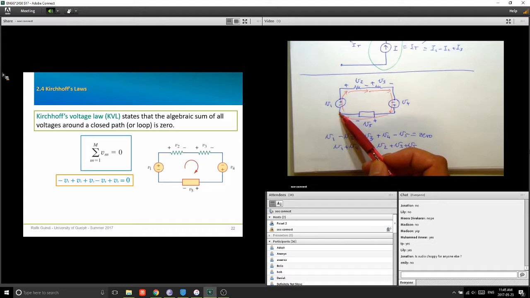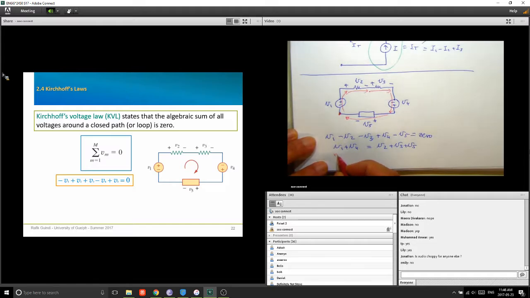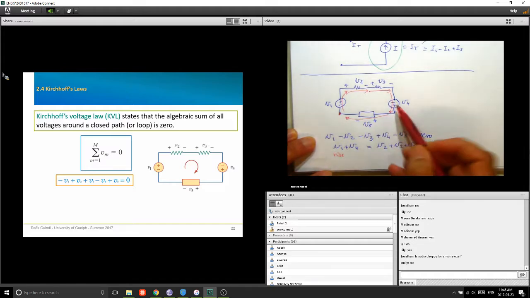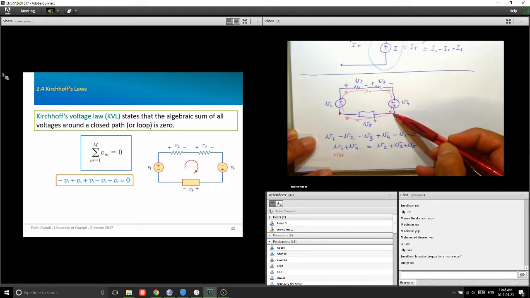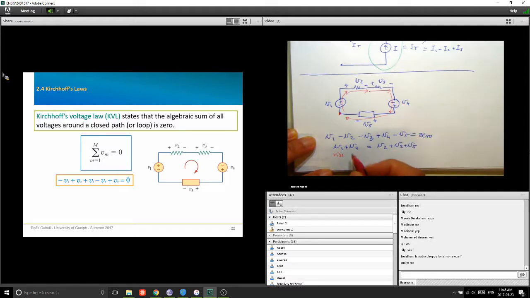If I'm going from this voltage level to a higher voltage level, this is called a voltage rise. So V1 is a voltage rise. What about V4? I'm going in this direction, from a negative to a positive. So I'm going from a value of voltage which is lower to a value of voltage that is higher. So again, this is a voltage rise.